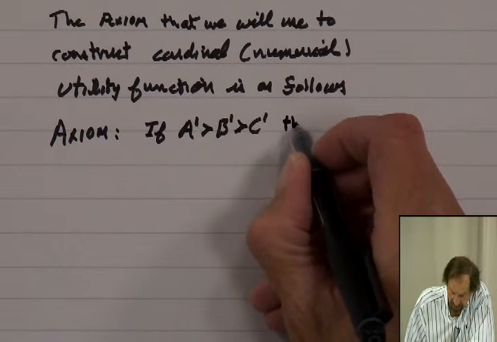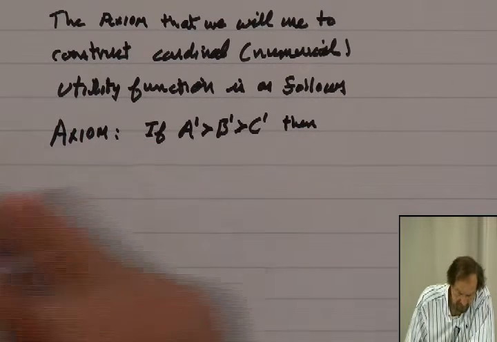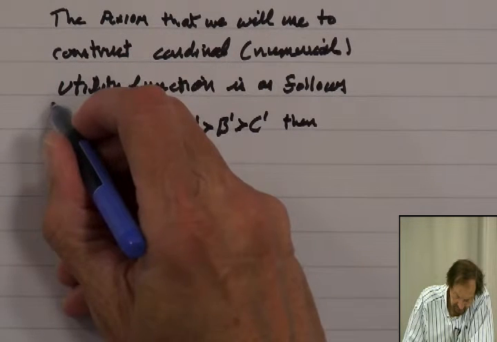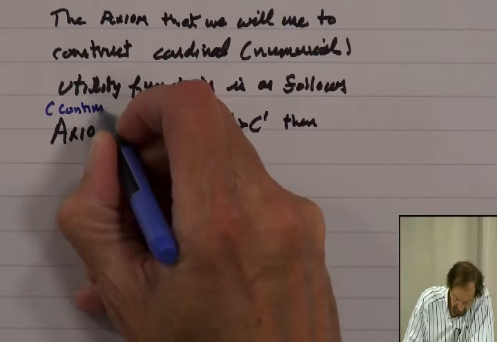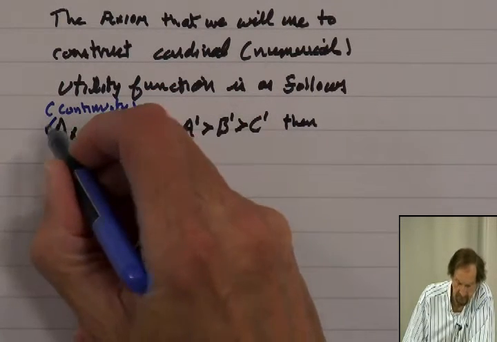Then there exists, and let's call this axiom the continuity axiom, because that's what this axiom is.